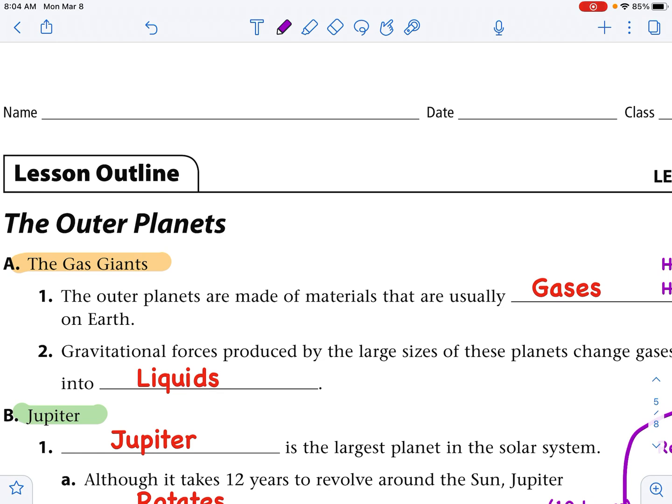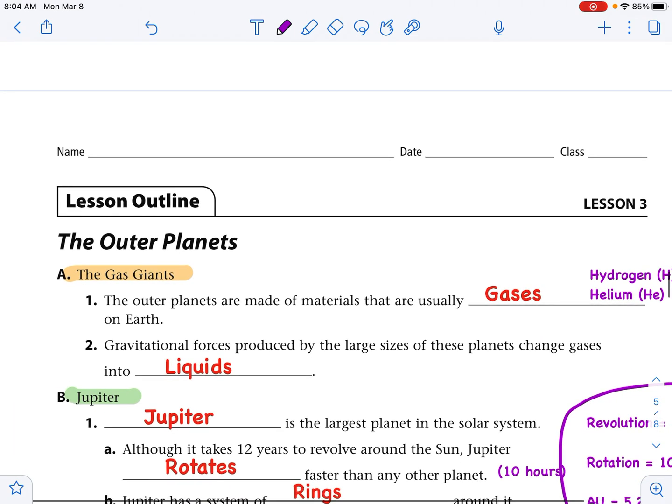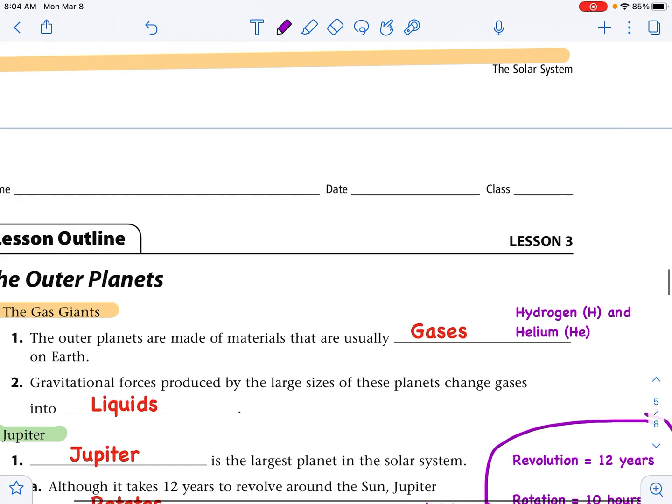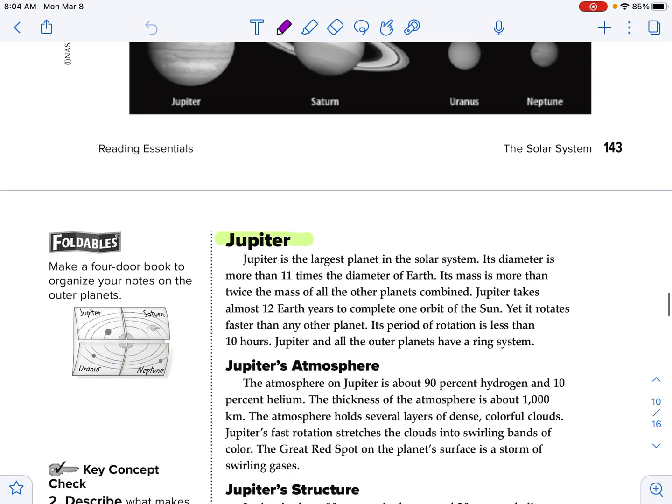The outer planets are made of materials that are usually gases on Earth. Gravitational forces produced by the sizes of these planets change gases into liquids. And we're going to put off to the side here that the two gases are hydrogen, and the periodic table element symbol is capital H, and helium, capital H, lowercase e. So go ahead and get that written in, and we will switch back over to our reading essentials.